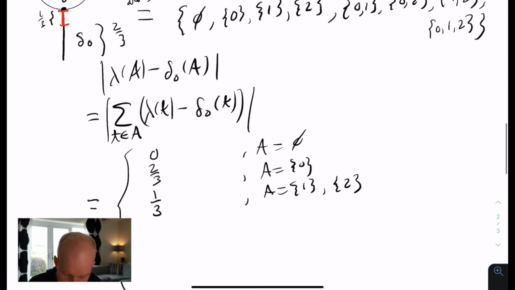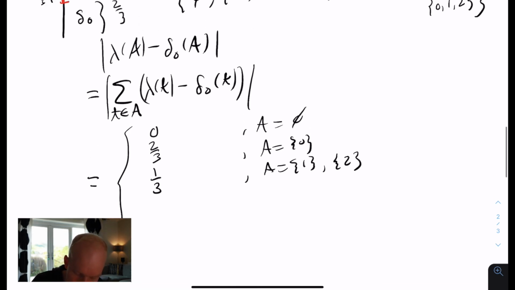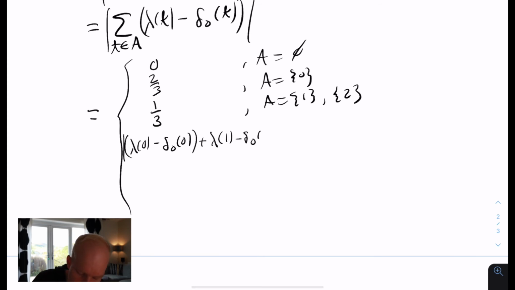Well, I could go through this: at the points 0 and 1, at point 0 I get lambda 0 minus delta 0, 0, and then I get plus lambda 1 minus delta 0, 1. So this is at the point when a is equal to {0, 1}.